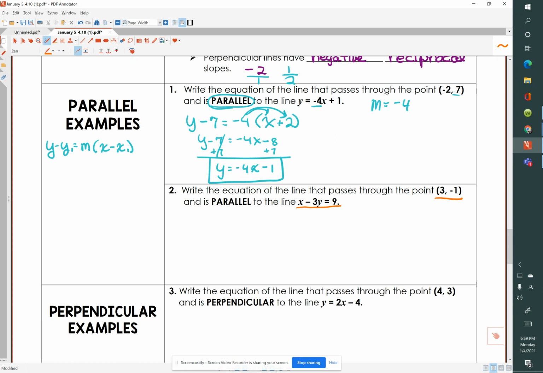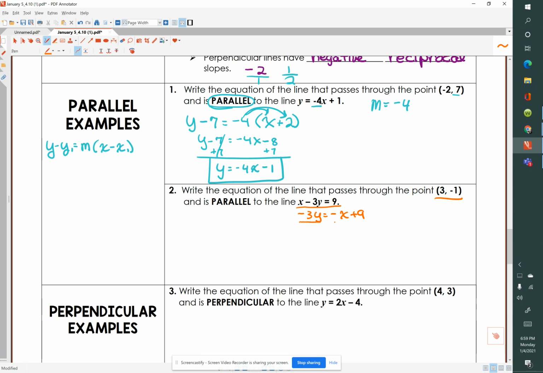Well, first thing I want to do when I see that is I want to get that standard form equation into slope-intercept form. So I'm going to first move x over, so I'll have -3y equals -x plus 9. I'm writing the x before the 9 because I want to end up at y equals mx plus b form.